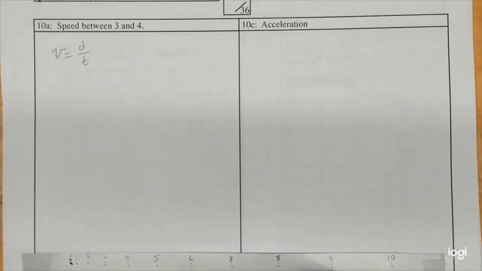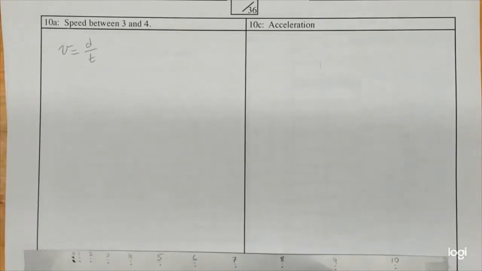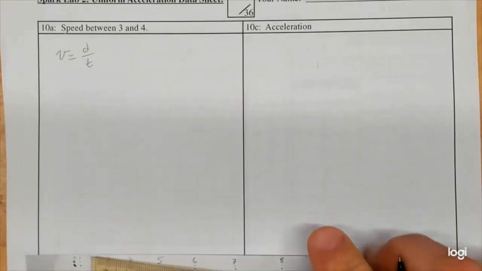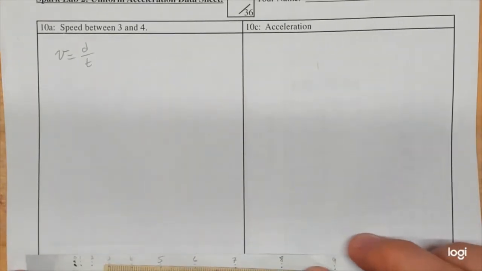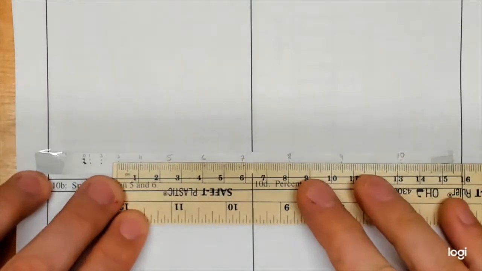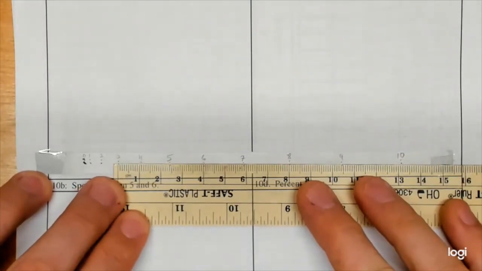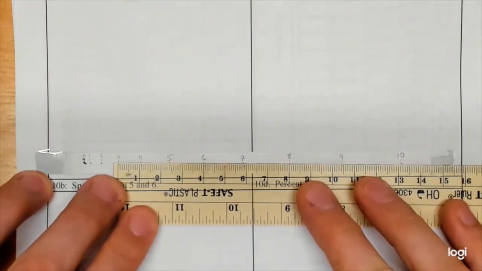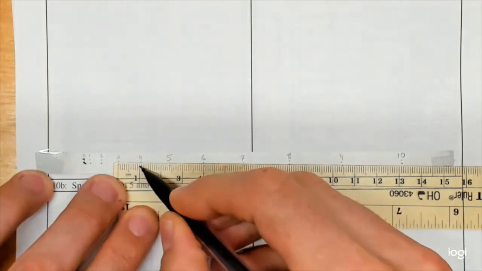So I'm going to measure between dots 3 and 4 how far apart these dots are. So here we are, 3 and 4. Looks like 1.06. Again, remember that when you're making a measurement with a ruler, you have to estimate the last digit.